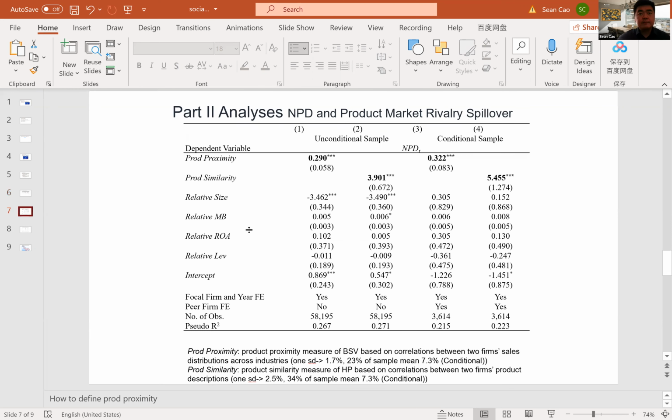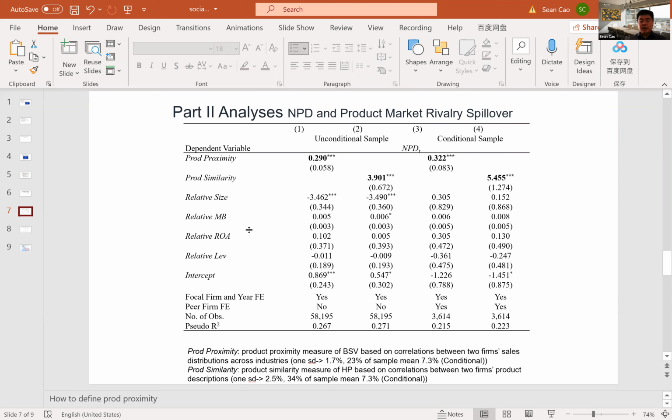And we also examined what kind of company does this. We found that if two companies have a similar product, they are more likely to do this. For example, Global Scape and Dropbox have very similar products, so they are more likely to post the competitors' product weakness to signal their strengths.